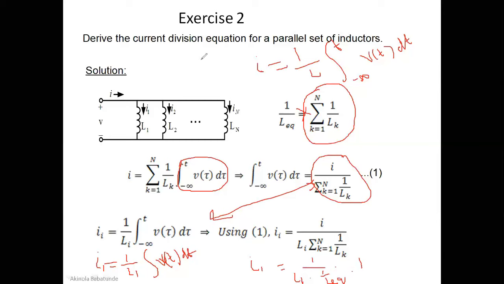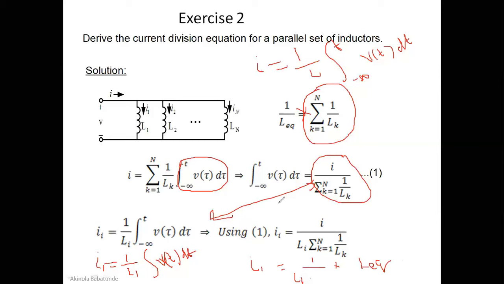So if you write that, this would mean that you have I1 will be equal to I, it is 1 over Li, L equivalent multiplied by L equivalent out of top. This is exactly what this would resolve to. This is an important equation for you guys.